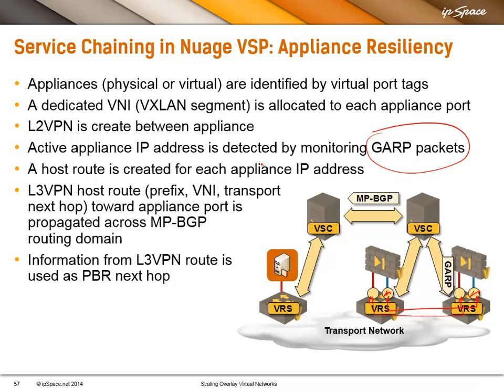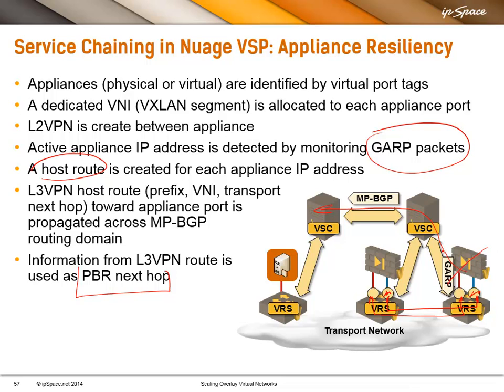When the VSC receives that, it creates a host route pointing to this appliance. This host route is leaked. It can even be sent across different VSCs in a multi-protocol BGP update. And yet again, we can now use this IP address, this host route, as the PBR next hop.